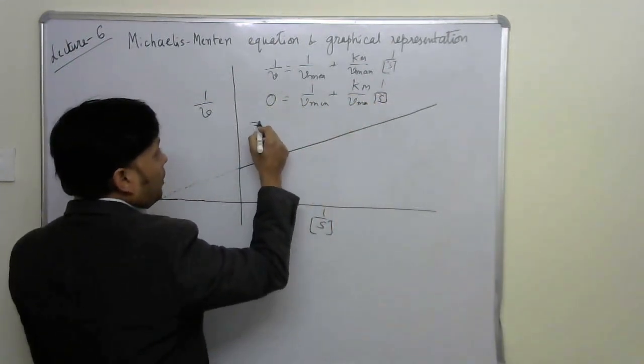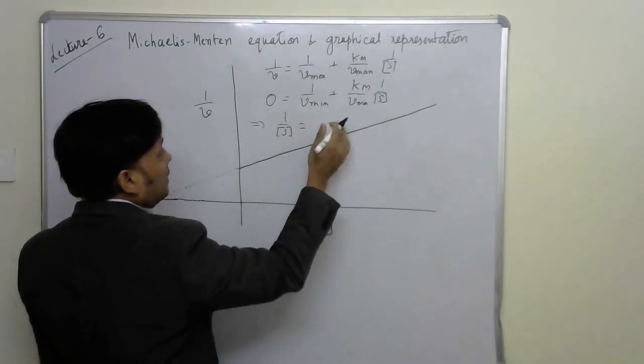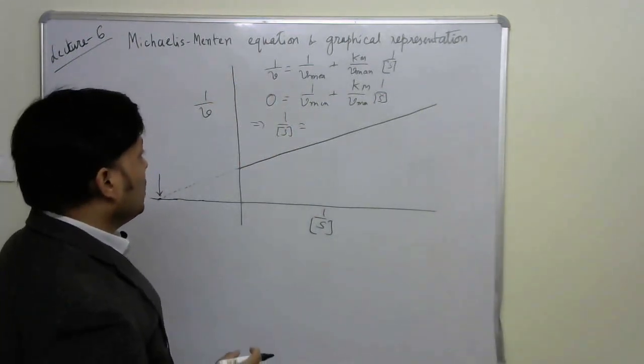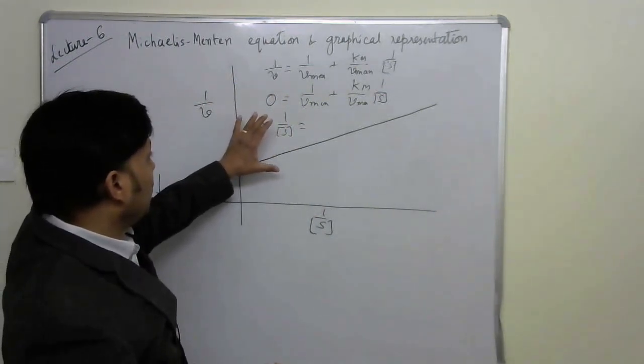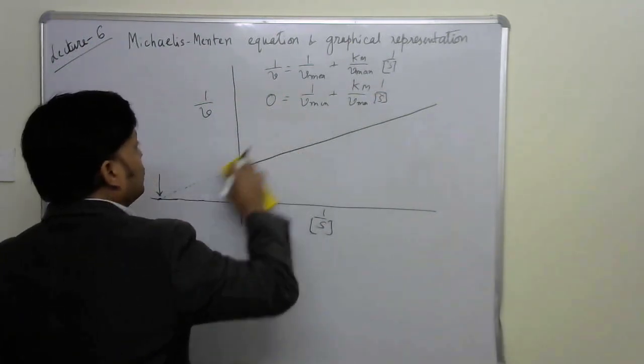So therefore from here we get 1 over S. Let's write a few steps.